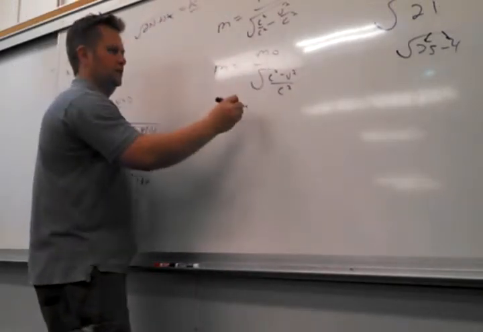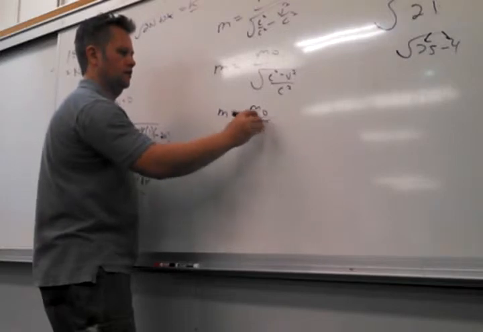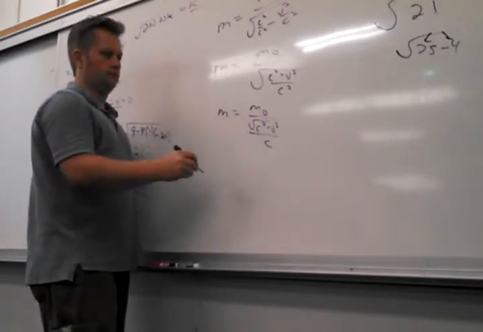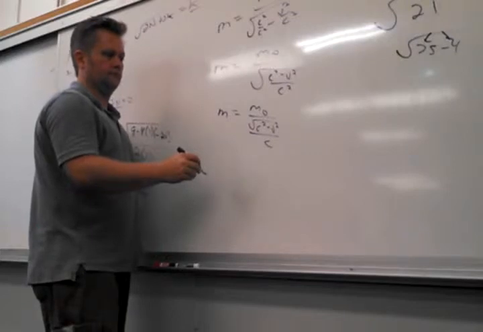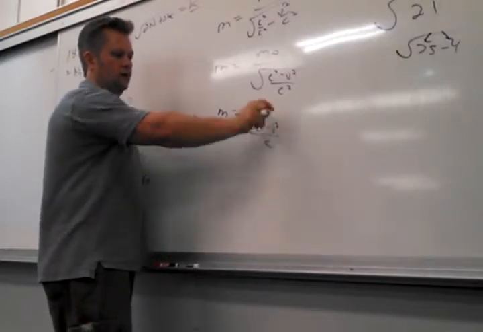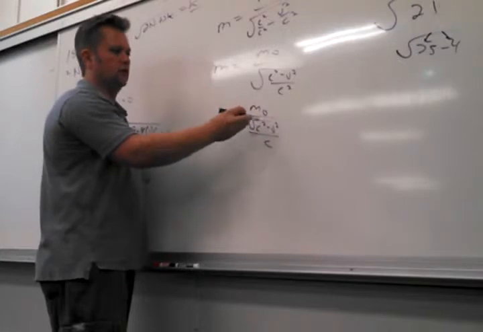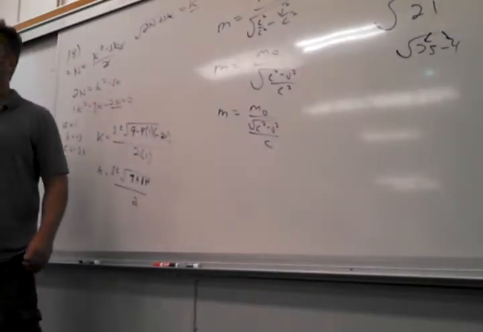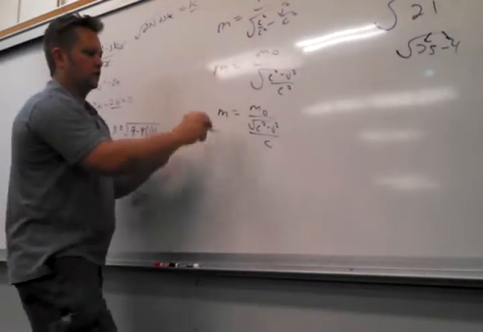So no. c squared minus v squared over c. Well, you can multiply by the reciprocal to kind of turn this thing over. I have a complex fraction here. There's a few different ways to do this.